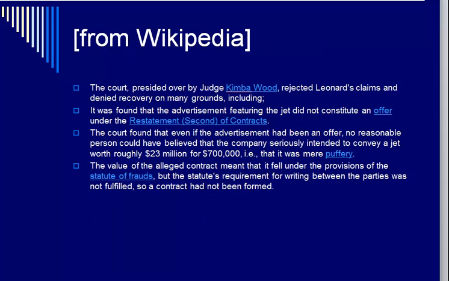The court ultimately found that the advertisement featuring the jet did not constitute an offer. There were a couple different rationales for this, but one of the reasons the court said there was no offer is because advertisements in general are not considered offers.